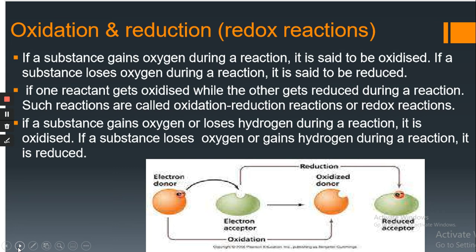If one reactant gets oxidized while the other gets reduced during a reaction, such reactions are known as oxidation-reduction or redox reactions. If a substance gains oxygen or loses hydrogen during a reaction, it is said to be oxidized, and if a substance loses oxygen or gains hydrogen during a reaction, it is said to be reduced.